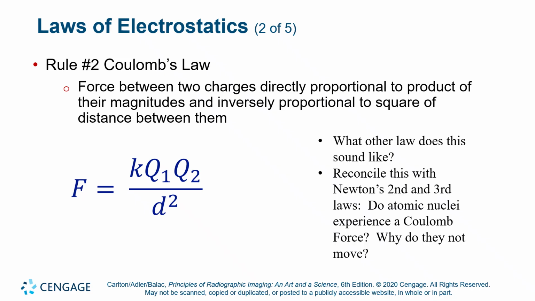Now, which one does the force apply to? If there's a force of attraction between the electrons and the nuclei, doesn't that go both ways? It in fact does, yes. The force that is calculated here is the force on each.